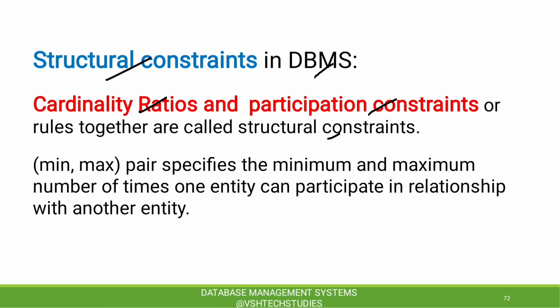This is specified using a pair of numbers, that is min and max. Min-max pair of numbers specifies minimum and maximum number of times one entity can participate in a relationship with another entity.